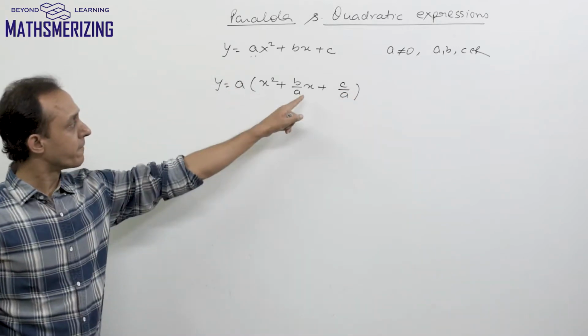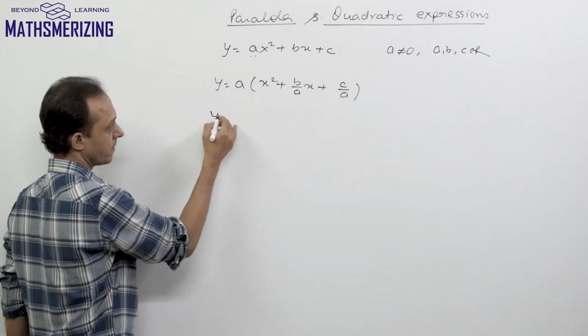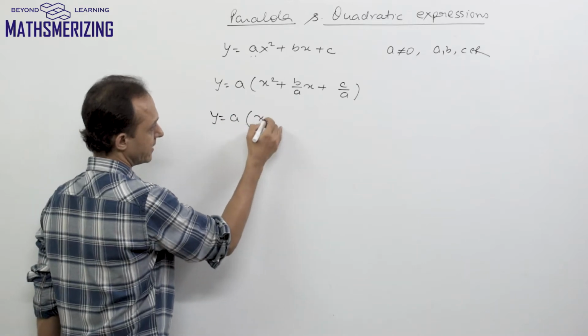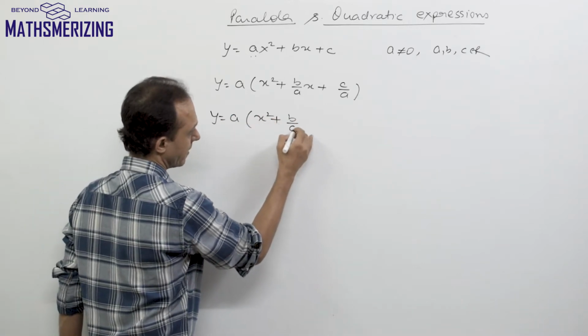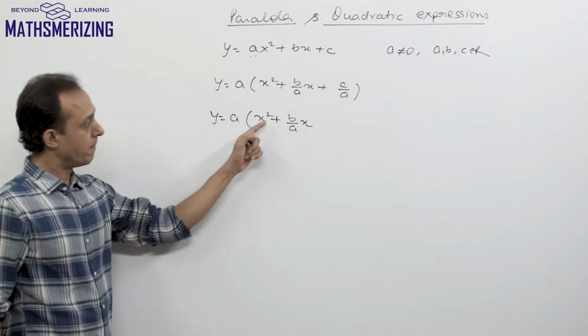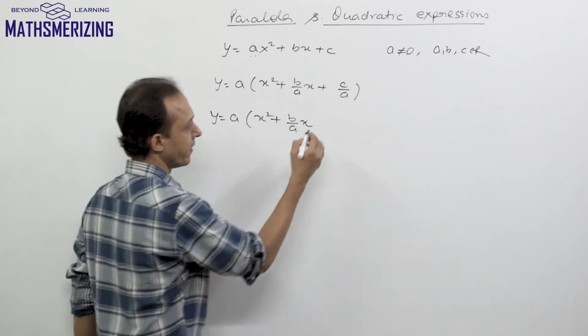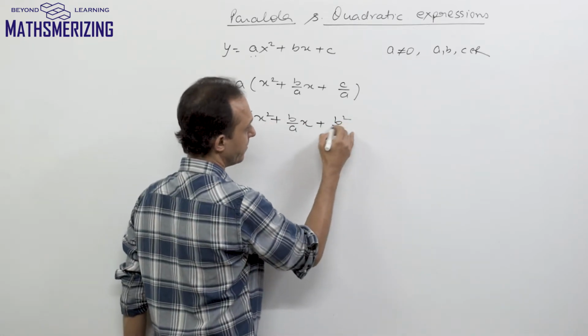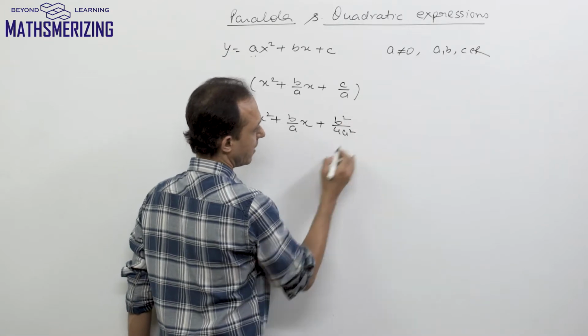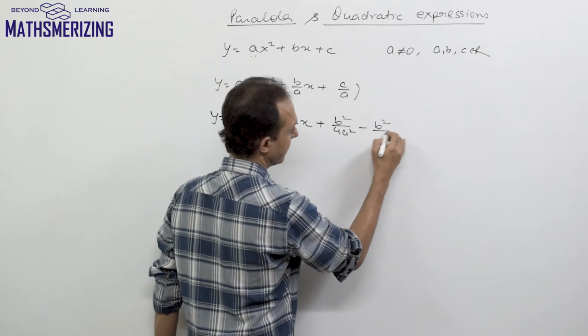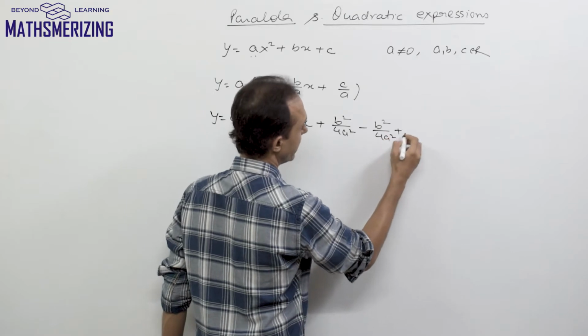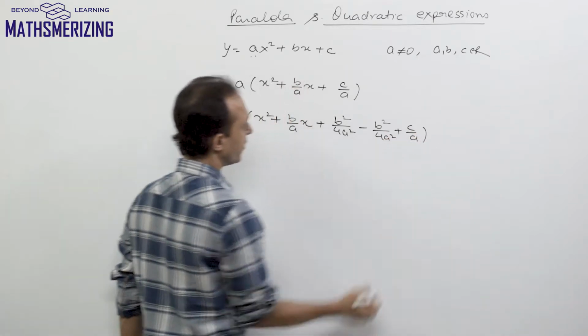Now I'll complete this perfect square. So I'll write y equals a and this is x square plus b upon ax, and then I'll add b square upon 4a square and I'll subtract b square upon 4a square and then plus c upon a.